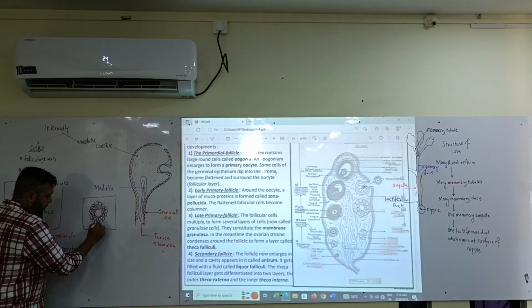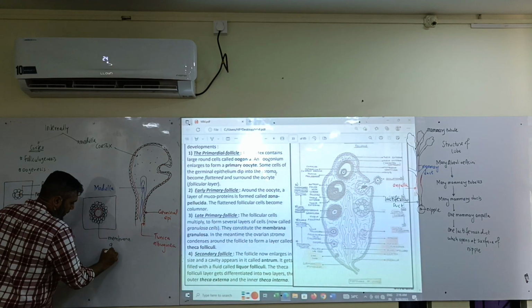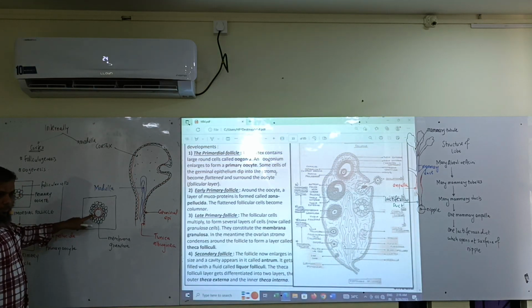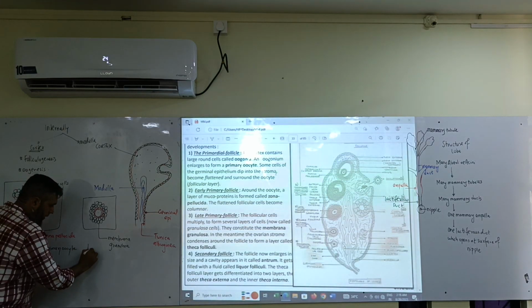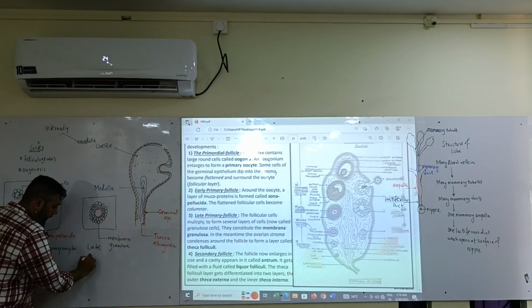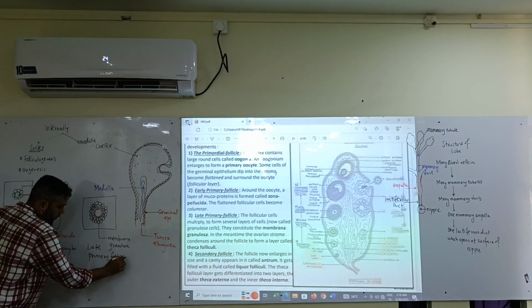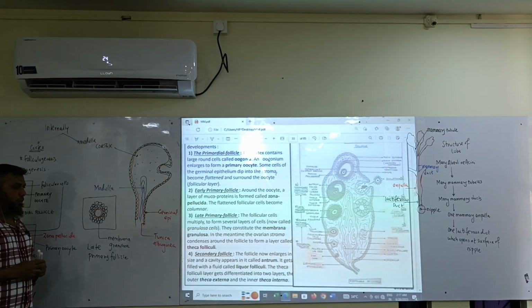What do you call the cells? Membrana granulosa cells. So what do I see now? Primary oocyte with a zona pellucida along with the membrana granulosa cells is called a late primary follicle. What do you call it? Late primary follicle.